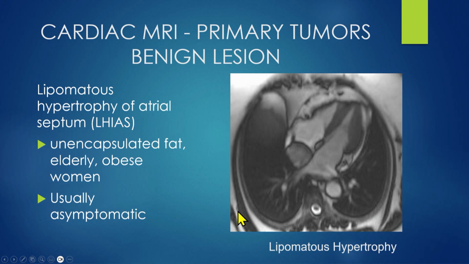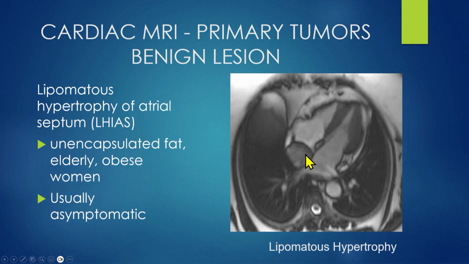And then another benign lesion, besides thrombus and variants, is lipomatous hypertrophy of the atrial septum. You can see here it's classically bulbous-shaped, kind of dumbbell-shaped, between the left atrium and left ventricle. You can see this on CT. It looks fatty. You can try to suppress it as well. But this is unencapsulated fat, which spares the foramen ovale.